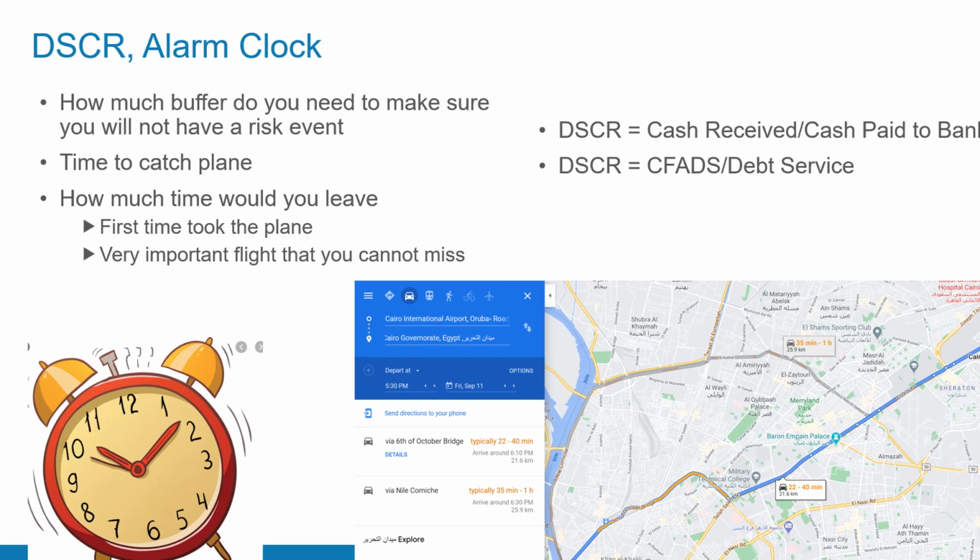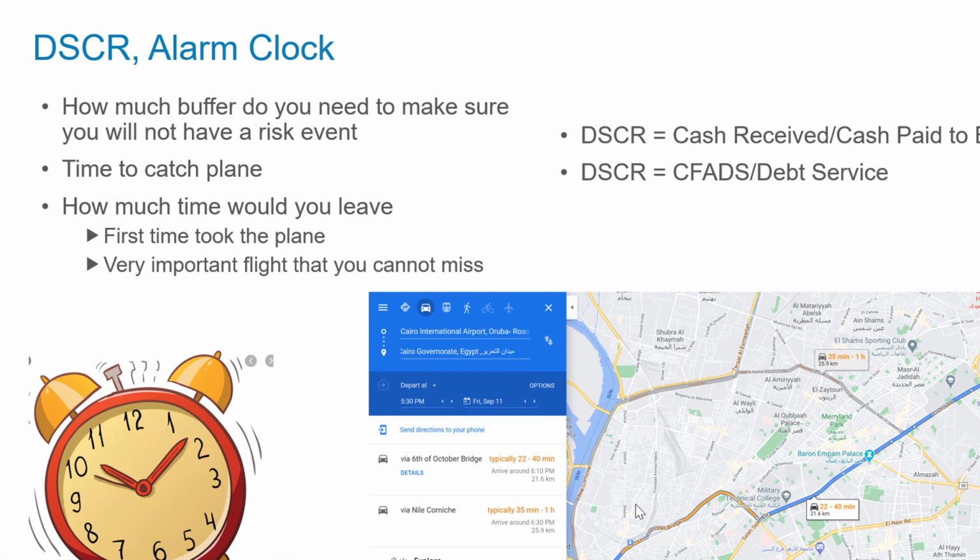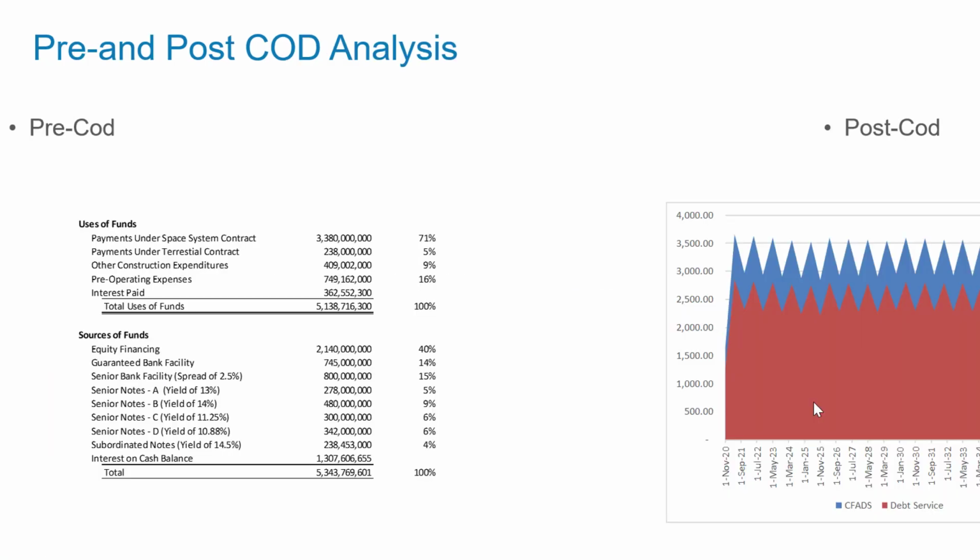Or what happens if you had to cross the bridge? We might have to add a buffer of 2 hours. That buffer, that's the DSCR. That's how you measure risk for a bank, not with all of these value at risk and probability of default. You see how much extra space we have to have.